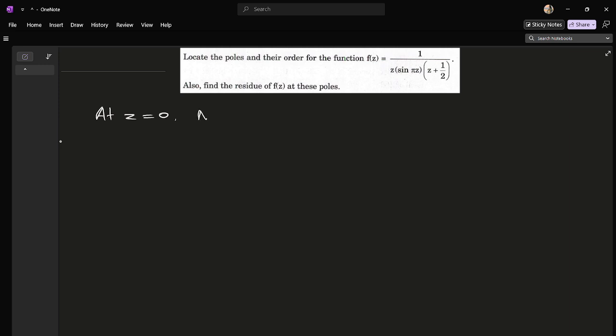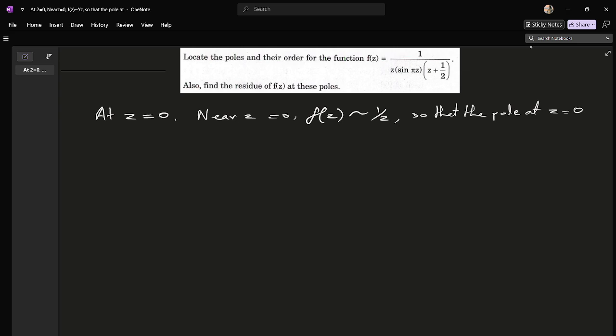Near z equals 0, f(z) is asymptotic to 1/z, and so that is simple. That means it's of order 1.